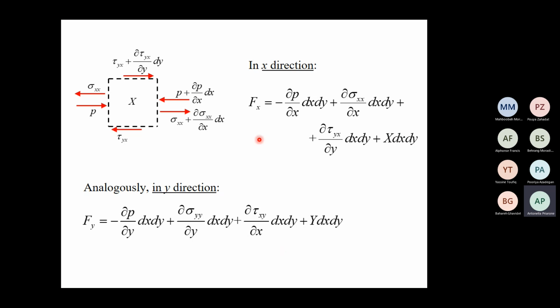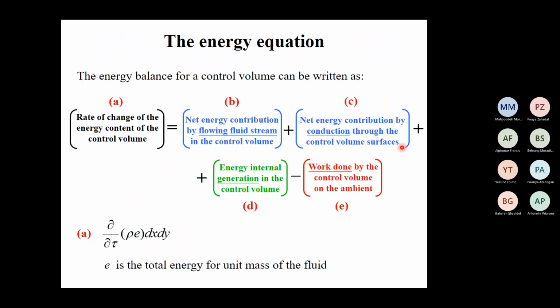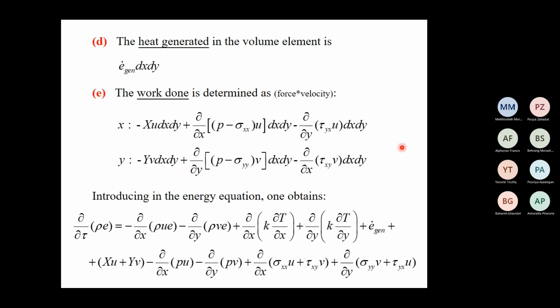So for example, Fx will be the p in the x, dx dy, minus rho, dx dy, minus tau, dy dx dy, minus capital X. In fact, here you find the forces obtained in the momentum equation with minus, multiplied by u in the x direction and by v in the y direction.